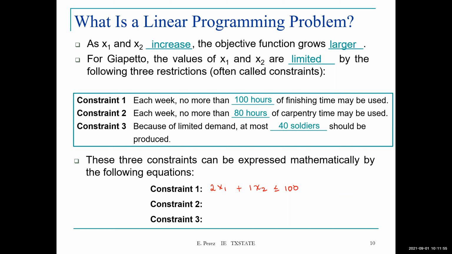We're going to proceed with the same logic for the second constraint. So for soldiers, we require 1 hour. So 1 times x1. And for trains, also 1 hour. And that has to be less than or equal to 80.